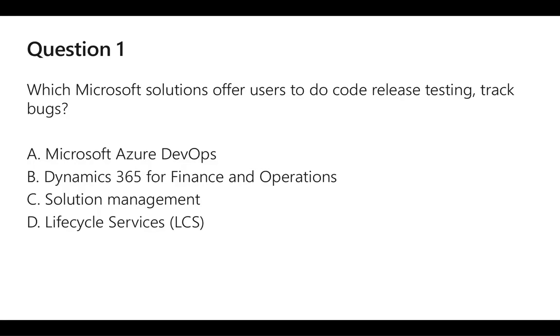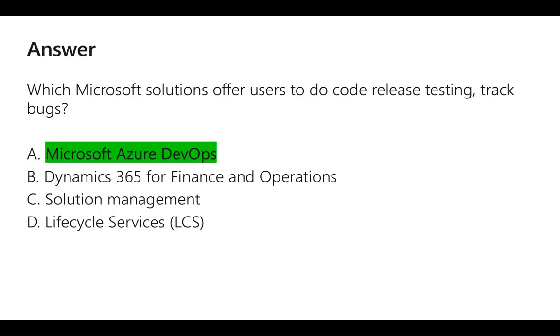Practice questions. Question 1. Which Microsoft solution offers users code release testing and bug tracking? A. Microsoft Azure DevOps. B. Dynamics 365 for finance and operations. C. Solution management. D. Lifecycle Services.